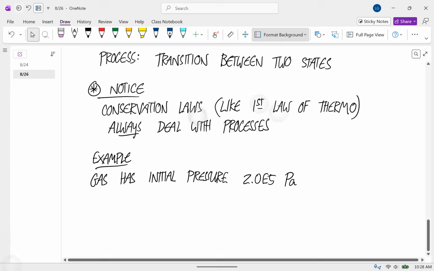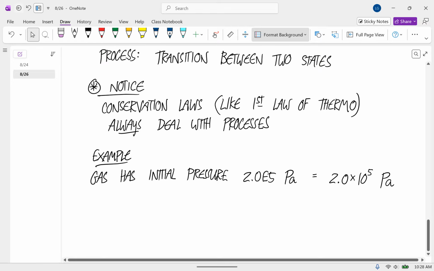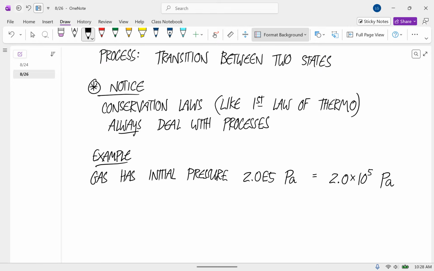That's the same, by the way, I'm going to use that notation a lot, but this is just the way you enter it into a calculator, so it's a little shorthand. Be sure you don't write this as 2.0 times e to the fifth power. That's a totally different number.